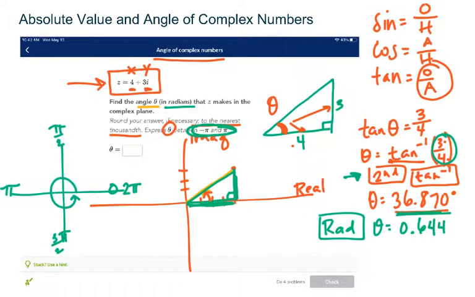So going all the way around is 2 full pi. But they just want to make sure you're keeping your answer either in this quadrant between 0 and pi, or if your answer happens to be in one of these quadrants, you're going to come negative and do it from that perspective. But in this particular situation, since our answer is in the first quadrant, we don't have a problem because we're less than half pi anyway.